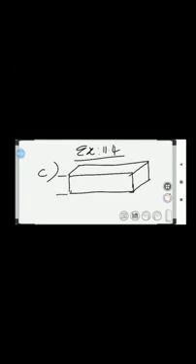So this height equals 8 centimeter, and what they have given is the length of the rectangular box.